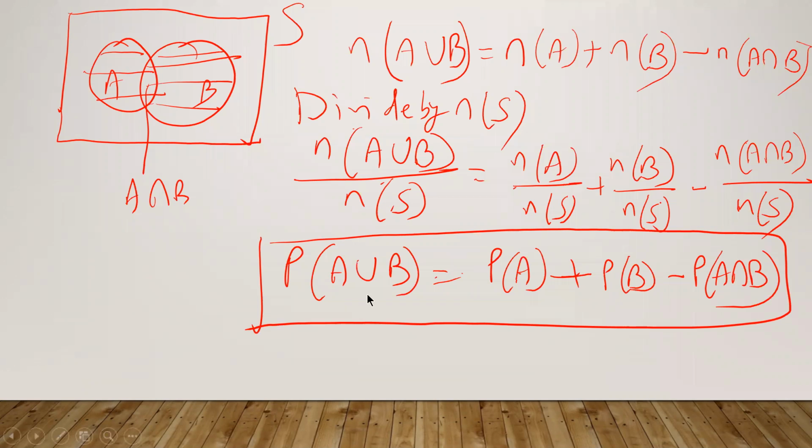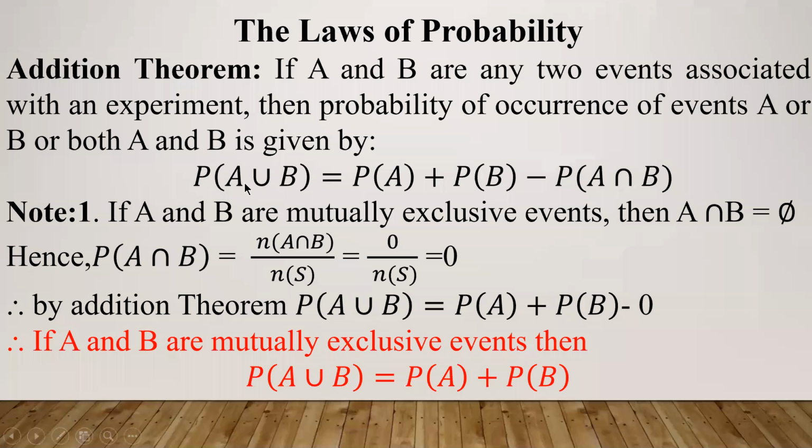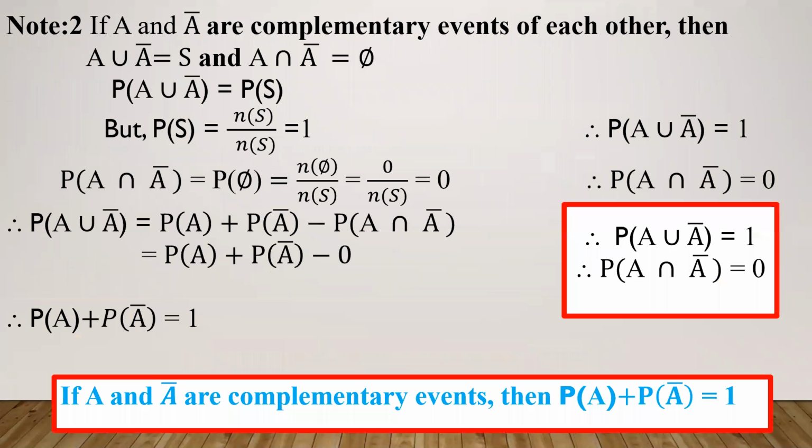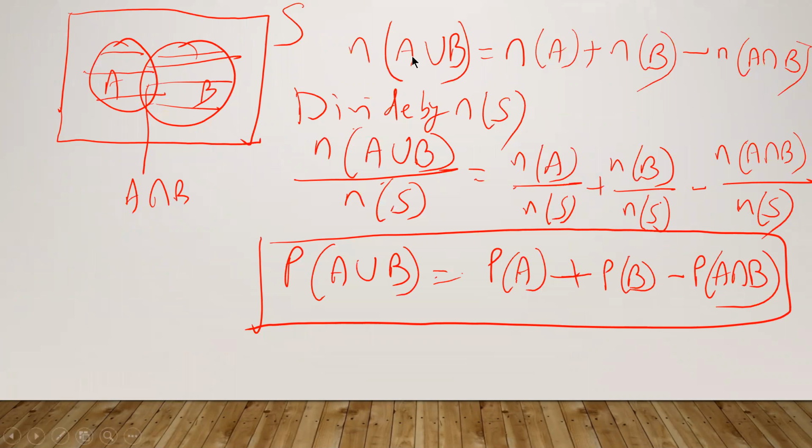Probability of A union B is equal to probability of A plus probability of B minus probability of A intersection B. So this is how we have got this theorem. It is basically the application of set theory. Don't worry if you have not understood what I have just explained regarding set theory.